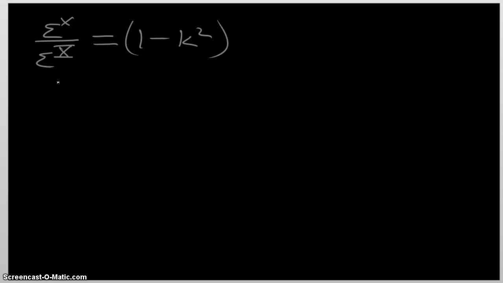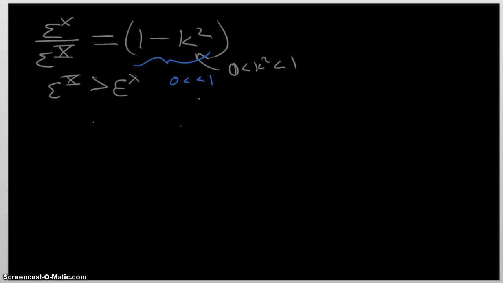Now obviously k squared is between 0 and 1, so therefore this term right here is always between 0 and 1. Therefore, the permittivity under constant stress is always bigger than the permittivity under constant strain.